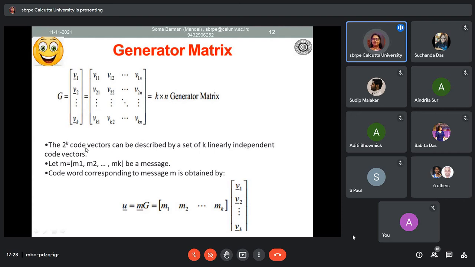The 2 to the power k code vectors can be described by a set of k linearly independent code vectors. I have already mentioned this.